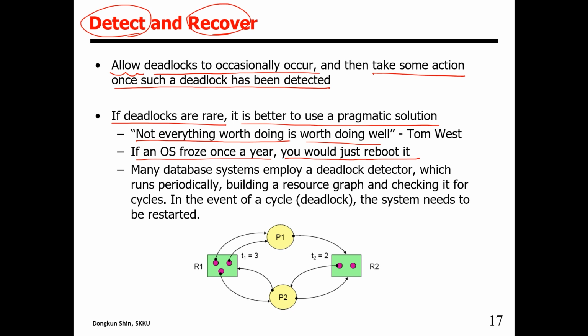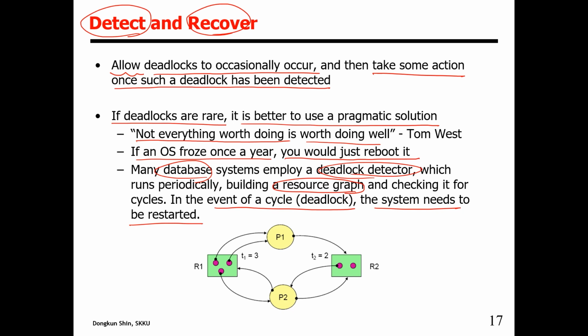So many database systems employ a deadlock detector, which runs periodically, building a resource graph like this figure and checking it for cycle dependency in the resource allocation. In the event of a cycle, a deadlock situation, the system needs to be restarted.